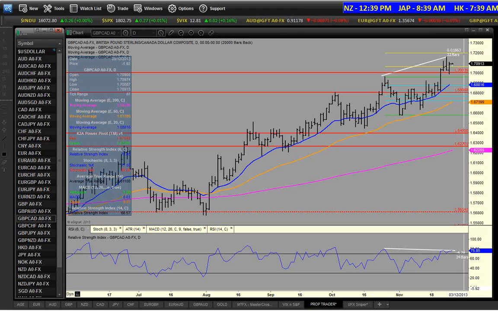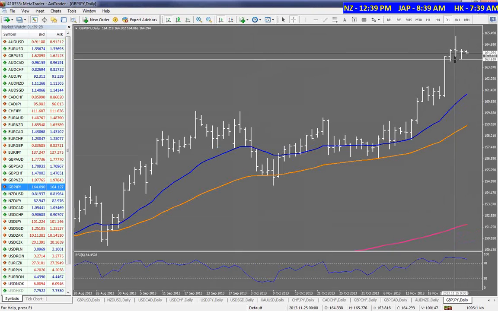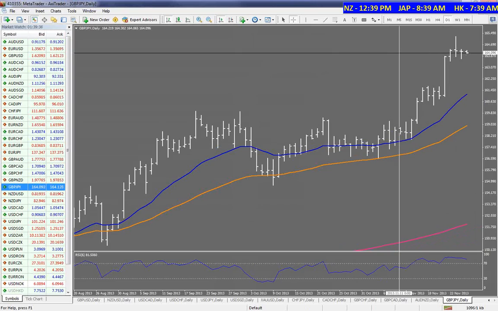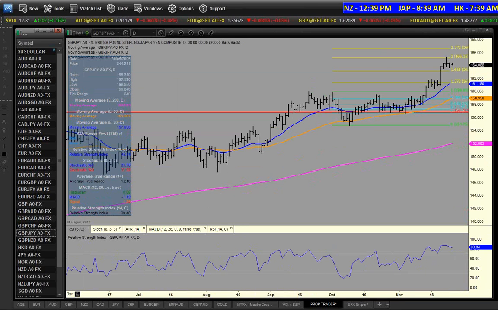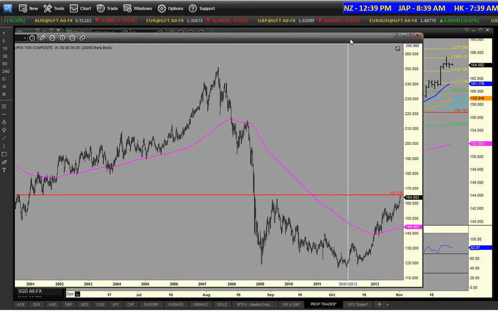So again, pound yen high 165.28. Right? Yeah, okay. 165.28, yeah, you're right. It is. But I went a little higher because of my horizontal, which is 165.62.